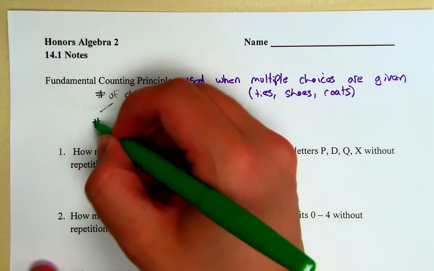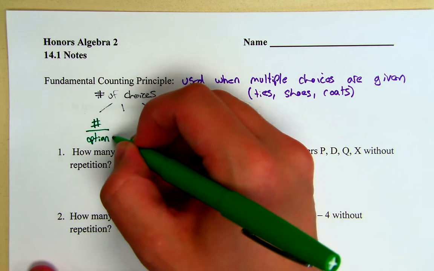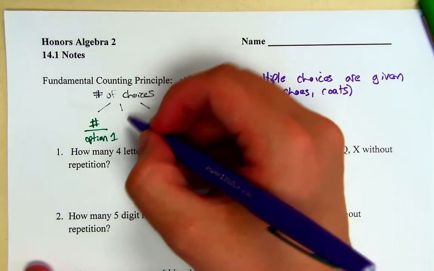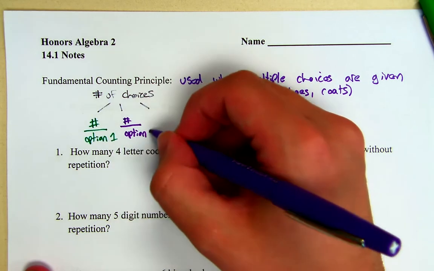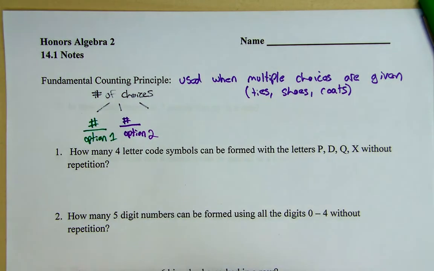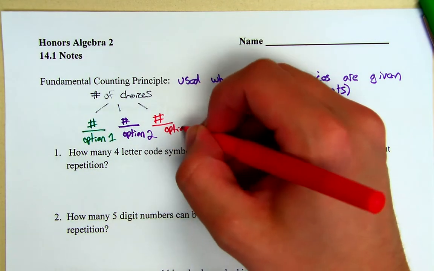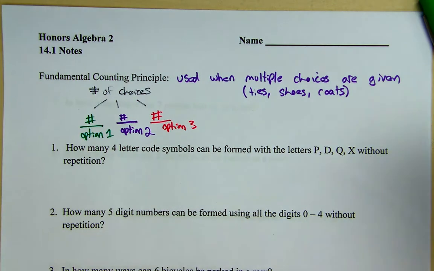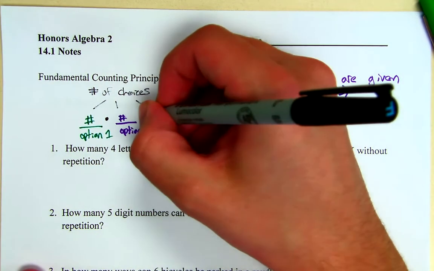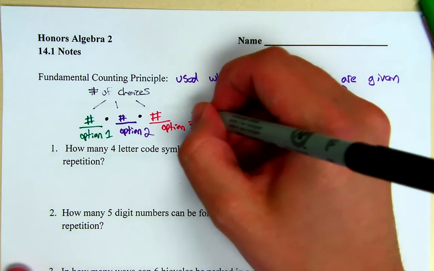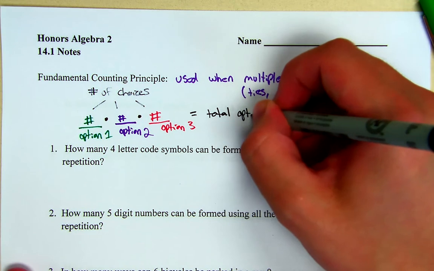So I'm going to take the number of options for option 1, multiply it by the number of options for option 2, and multiply that by the number of choices for option 3. So again, what am I doing with these? I'm multiplying each option by each other to get the total options.